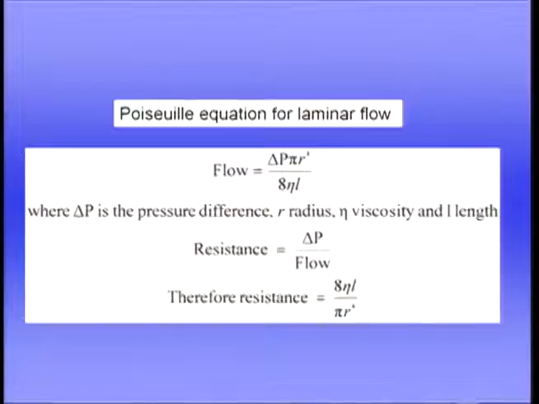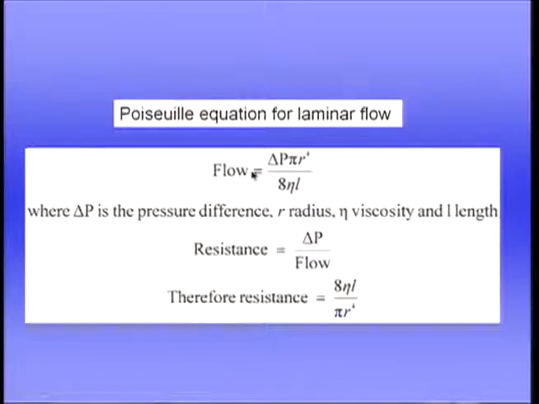Now, the principles of laminar flow were worked out by, oddly enough, a French physician called Poiseuille. He was very interested in blood flow through blood vessels, and he became so interested in that he began to work on the fluid dynamics of flow, and he put out this equation, the Poiseuille equation for laminar flow, which is very important.